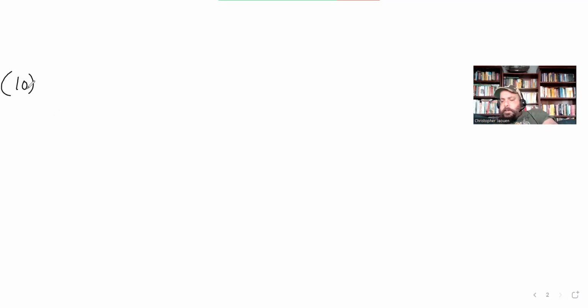Right, I'll write it down for you guys. Okay, so number 10 says this: suppose vectors x and y are n-tuples, are non-parallel vectors.